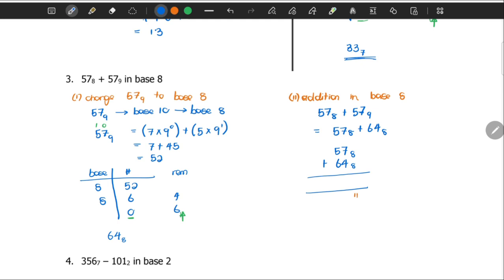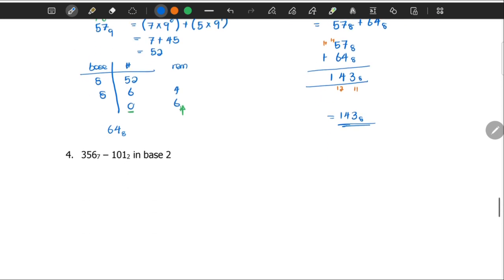So the remainder is going to be 3, and then plus 1. 1 plus 5, 6 plus 6, that's 12. So 12 minus 8 is 4, which is the remainder, and then a plus 1 on the next spot. Then 1 plus 0 is 1. So the final answer is 143 base 8.